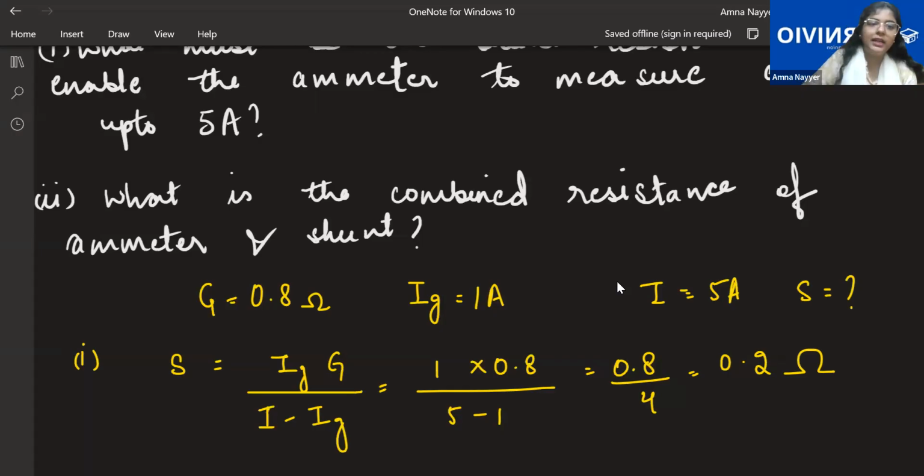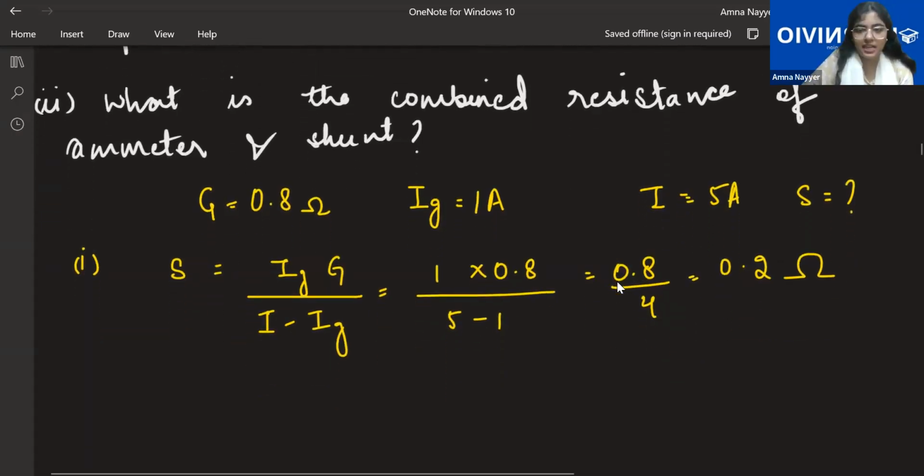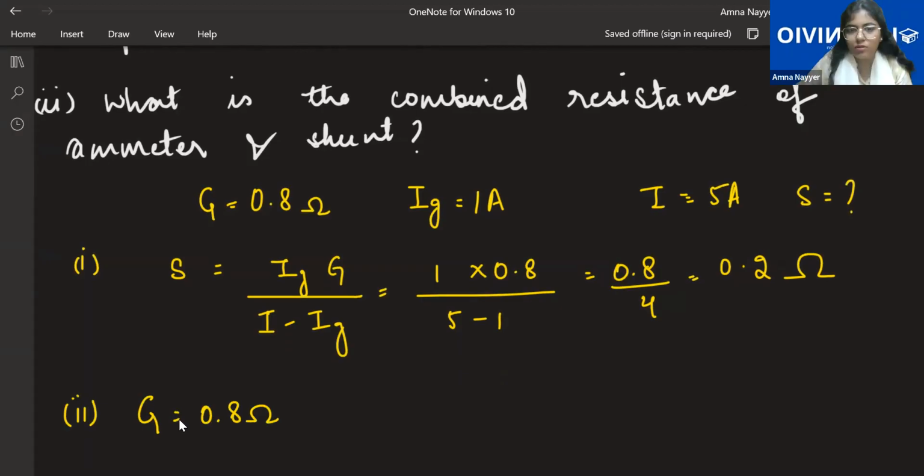Yes, ma'am. Okay. Coming to the second part, what is the combined resistance of ammeter and shunt? Now the ammeter is this shunt and the resistance of the galvanometer, they are combined. So they're asking what's the combined value of their resistance? So it's very easy. Galvanometer's resistance is 0.8 ohm. This is our ammeter, no?